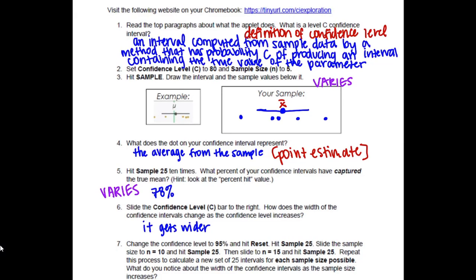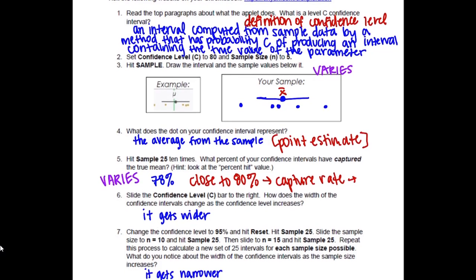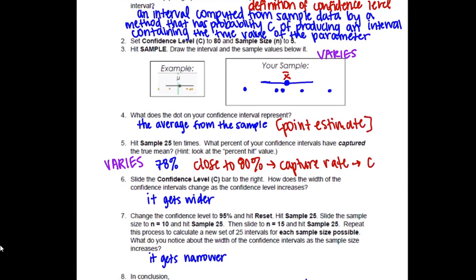Everyone should get probably different things on number 5, but they should be close to 80%, which I like to call the capture rate. And that is your confidence level. So when we say I'm 95% confident, then we mean 95% of the intervals will capture the true value.